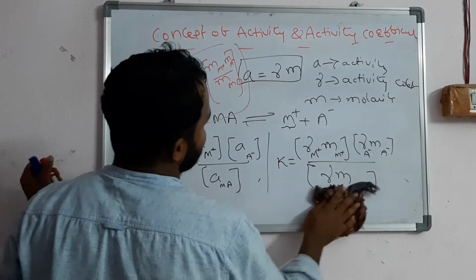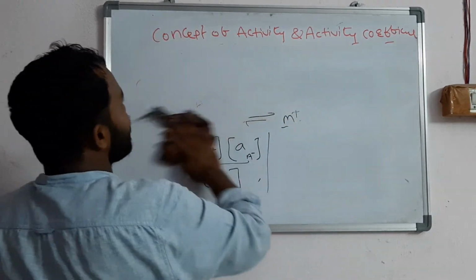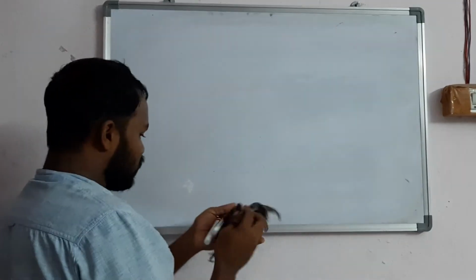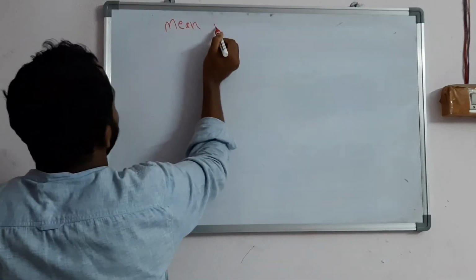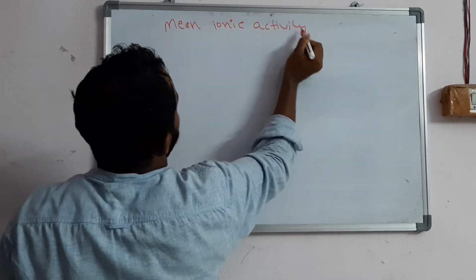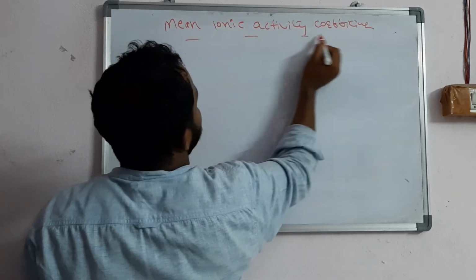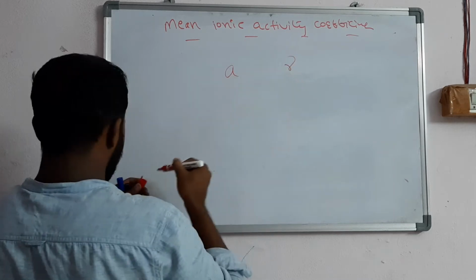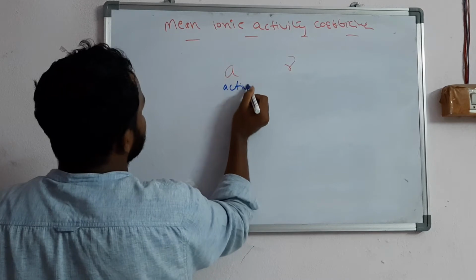Next, in our syllabus we are going to discuss the mean ionic activity coefficient, which is very important. What is meant by mean ionic activity coefficient? Already we discussed that A is the activity and γ is the activity coefficient.